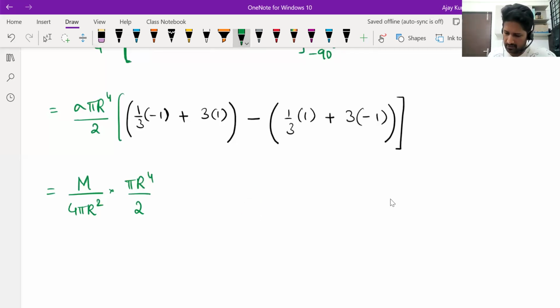Now that bracket, there's a -1/3 plus 3. Again -1. -1/3 -1/3 is -2/3. Plus 3 is 6. That is 18/3. Is this correct? 3, 3, 6. Fine. 18 minus 2 becomes 16/3.